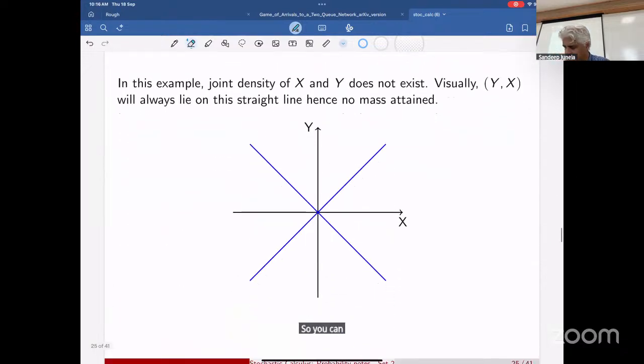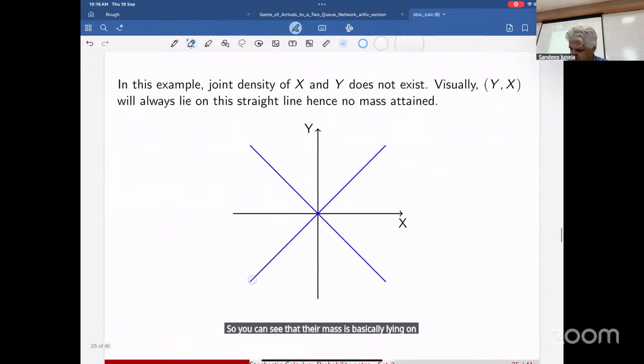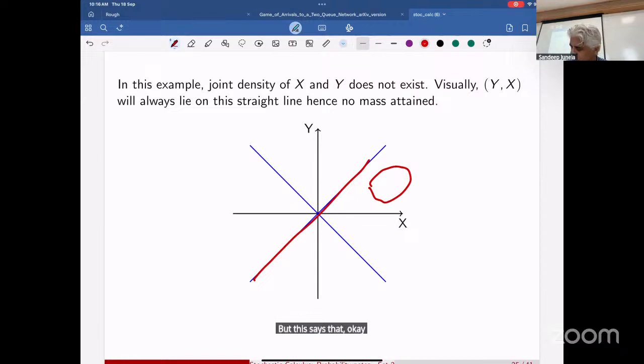You can see that their mass is basically lying on these lines. If I give you a bivariate density function, that means the probability of lying in any area is just the integral of the joint density over the area. But this says that you don't have a joint density, so it's not bivariate Gaussian. Okay, let's move on then.